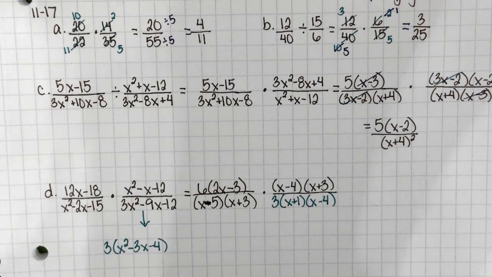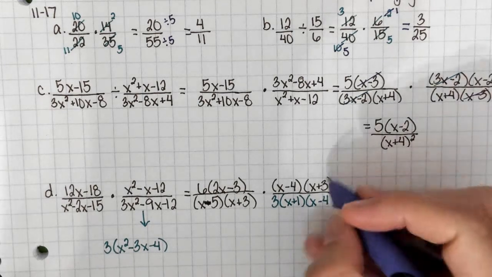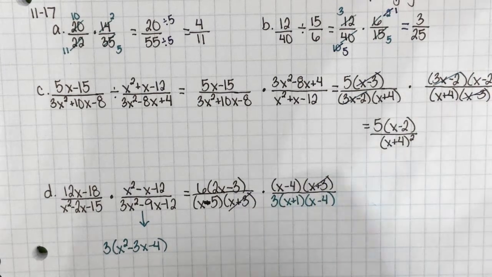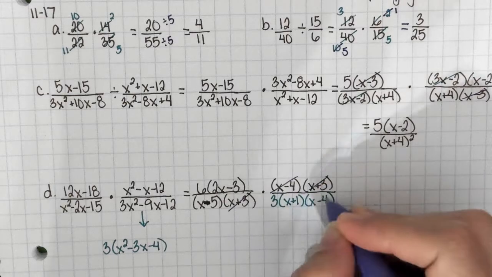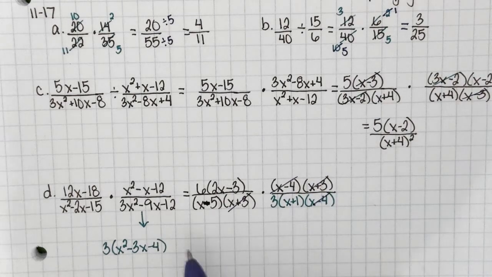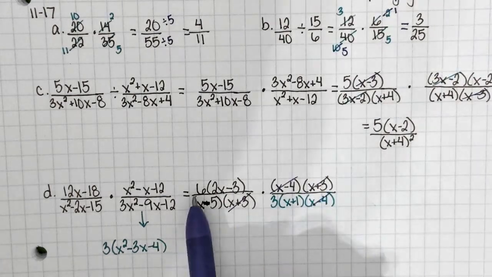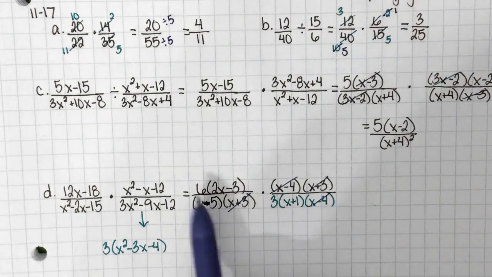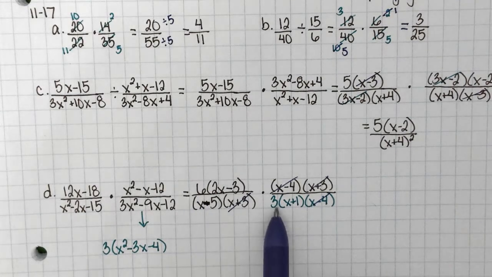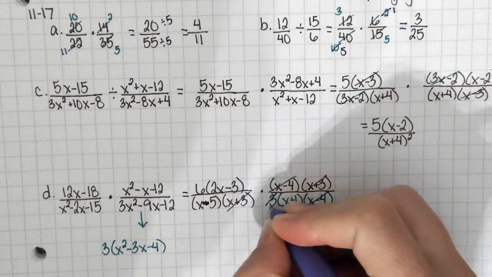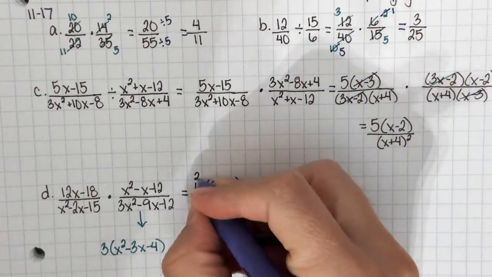So let's see. I have an x plus 3 and an x plus 3. I have an x minus 4 and an x minus 4. And then here I see 3 is in my denominator and 6 in my numerator. We know 3 goes into 6 twice. That becomes a 1. That becomes a 2.